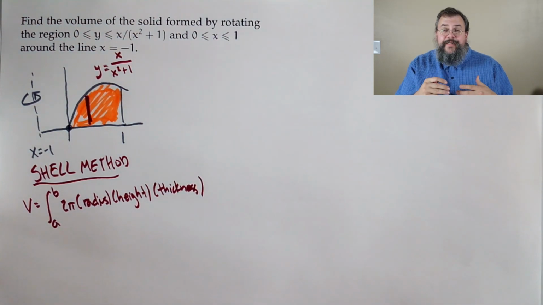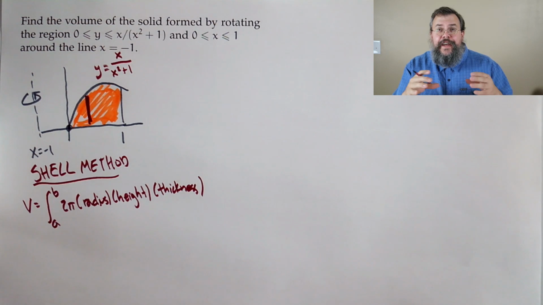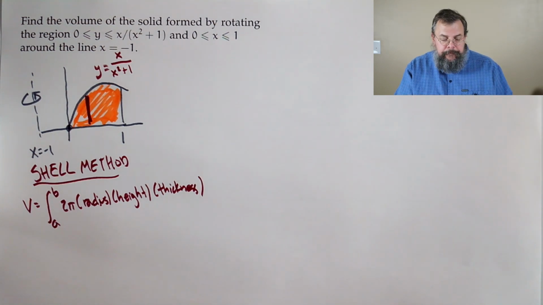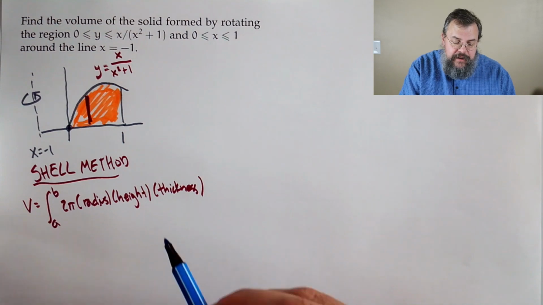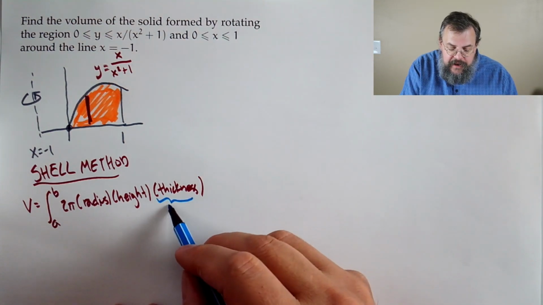Okay, so now we need to start thinking about these little pieces and how we can fit them all together. All right, so we know a couple of things right away without much work. Because we're slicing vertically, our thickness here is our dx.